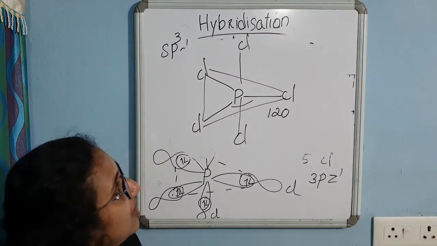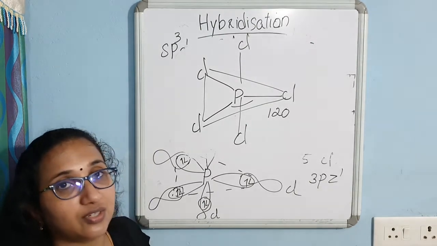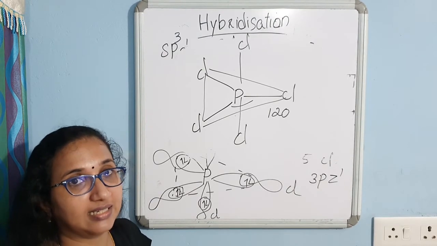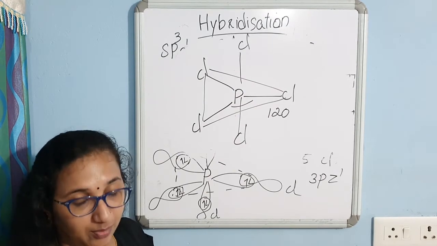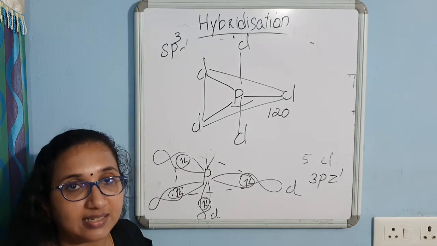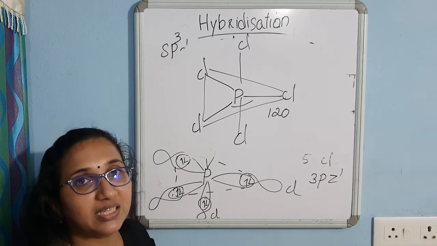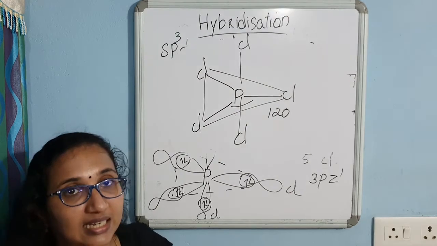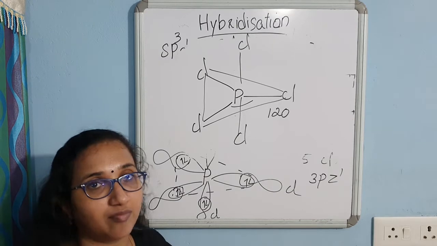For sp3d hybridization, we have taken the PCl5 molecule as a typical example, and the valence configuration of phosphorus is 3s2 3p3 and 3d0. During excitation one of the s electrons gets promoted to the 3d subshell, and these 5 orbitals, 1s, 3p and 1d, mix together to form 5 sp3d hybrid orbitals, and these are arranged in a trigonal bipyramidal manner around the phosphorus atom in order to have minimum repulsion.